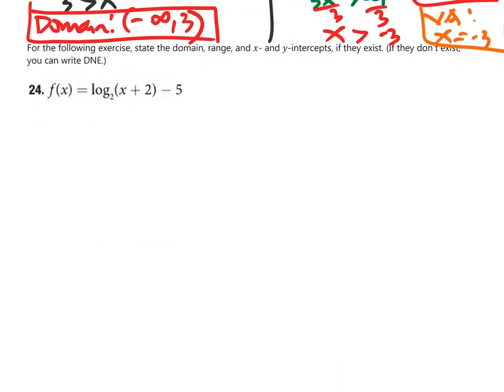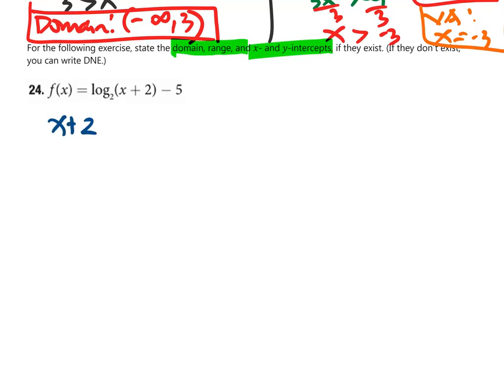Next, for the following exercise, state the domain, range, x and y intercepts if they exist. If they don't exist, then you can write does not exist. So 24. F of x equal to log base 2 of x plus 2 minus 5.